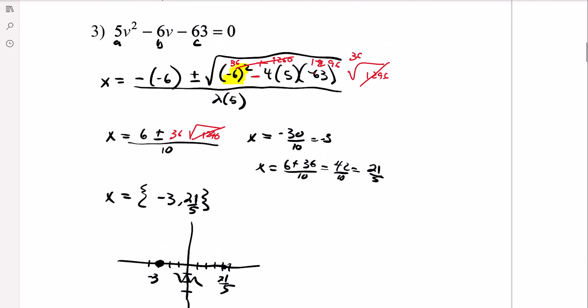So I guess I formally haven't been having you do this, but the y-intercept is always this value, the c value right there. So 0, negative 63.